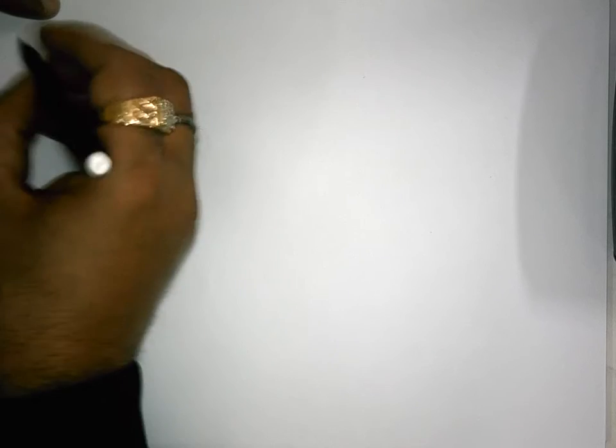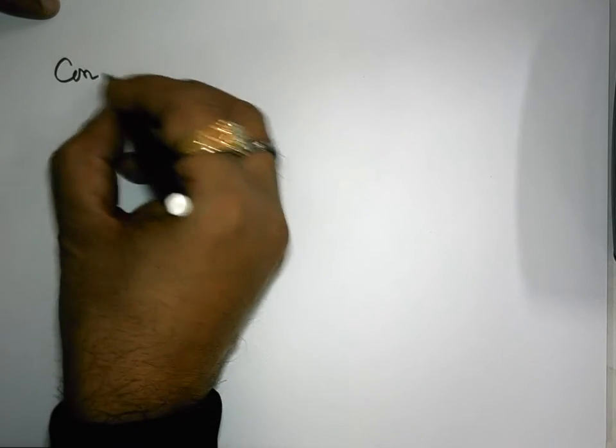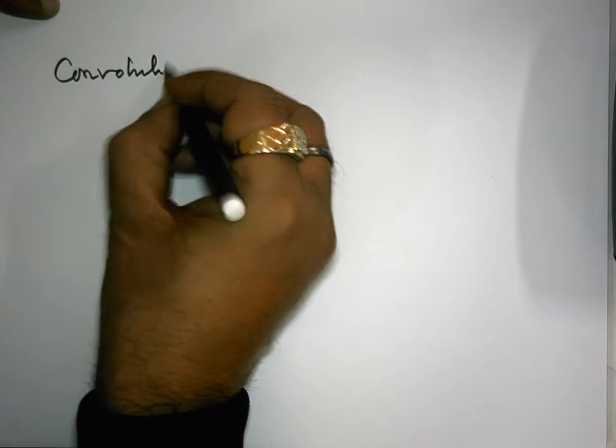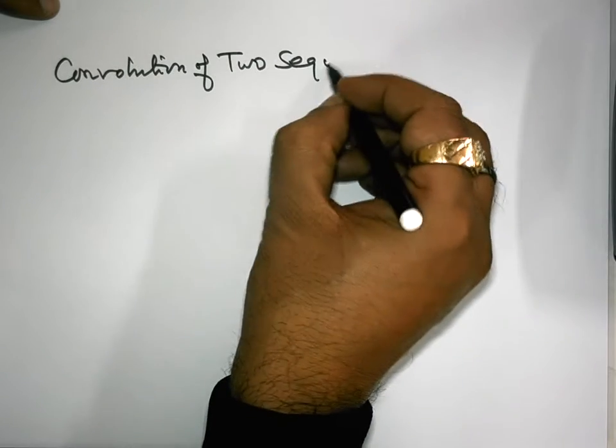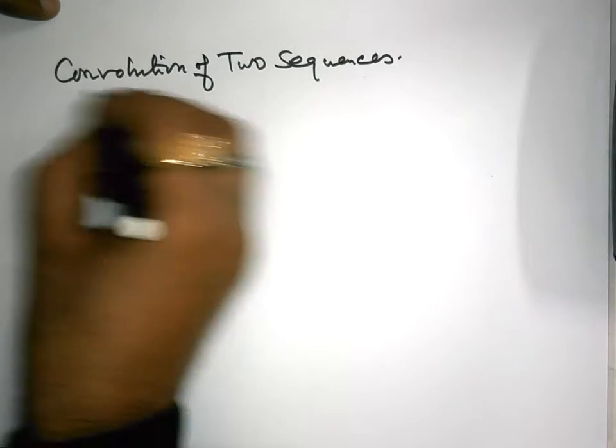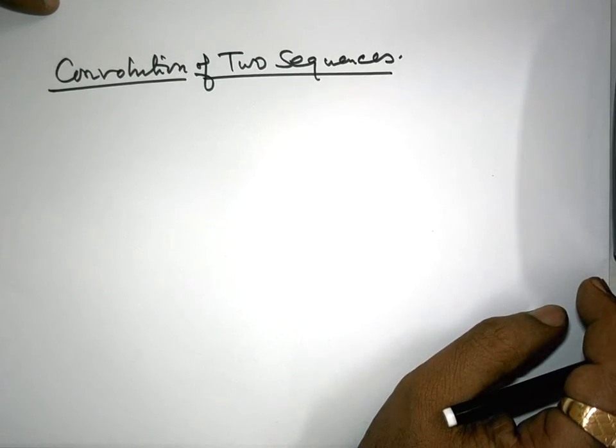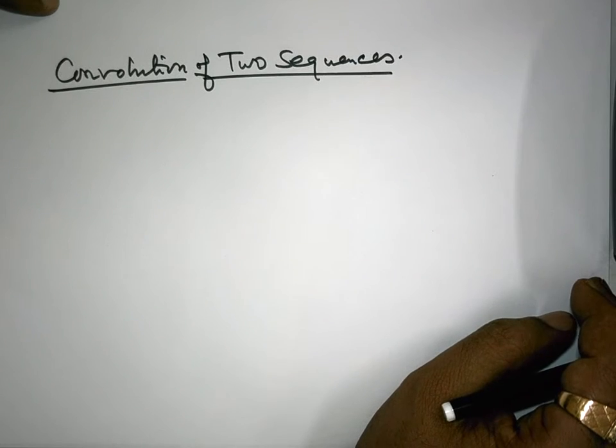Now I am coming to one of the most important properties, that is the convolution of two sequences and their Z transform.